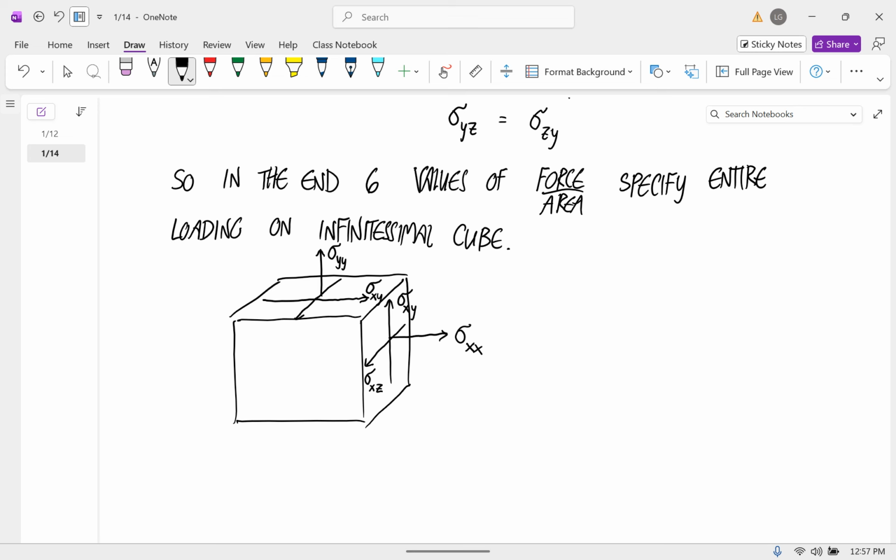This is on our Y face in our positive Z direction. And now on the Z face, we have our sigma ZZ. This one would be our ZX, but from equilibrium, we know this is XZ. And this one would be ZY, but from equilibrium, we know this has to be YZ.